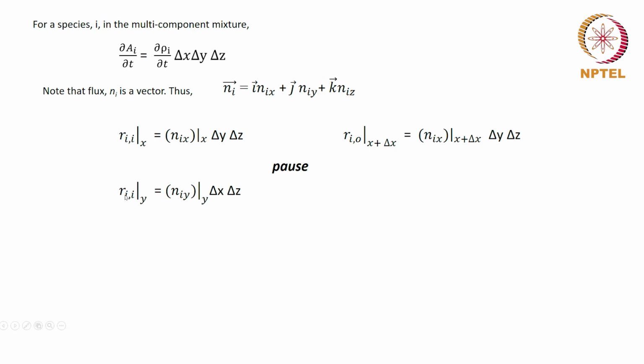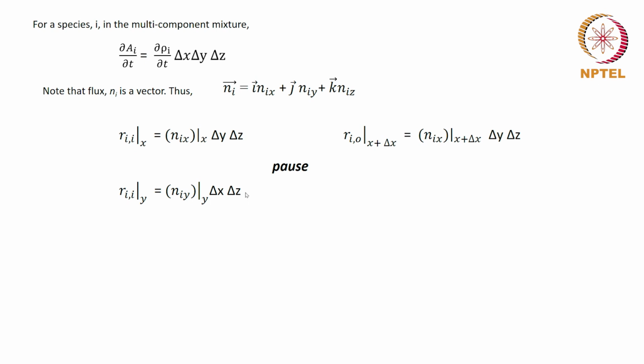The input rate of i at the face located at y is N_iy, the flux of i at y, at the face located at y. This is the y direction, this is the face located at y, times the area. You know that the area is delta x, delta z.